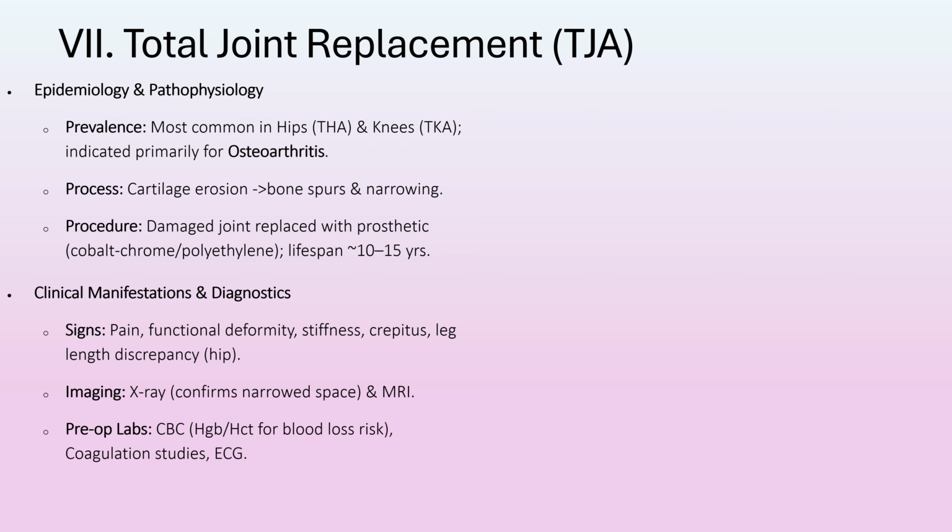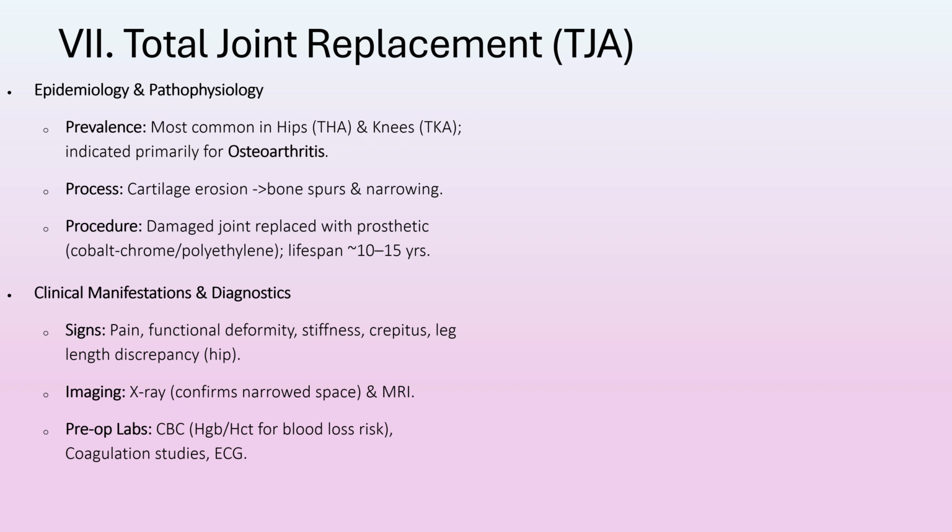So, epidemiology and pathophysiology: most common in hips and knees due to osteoarthritis, which causes cartilage erosion, bone sutures and narrowing. Procedure: the damaged joint is replaced with a prosthetic, cobalt chrome and polyethylene. Lifespan is about 10 to 15 years.